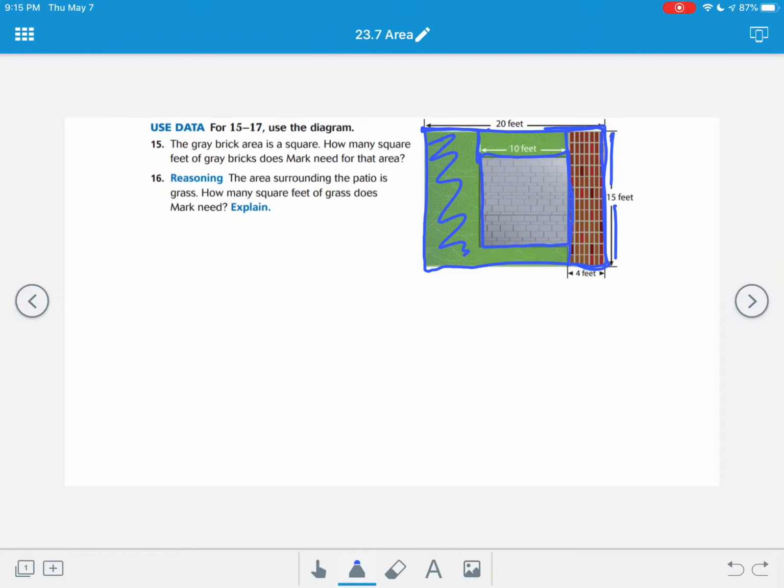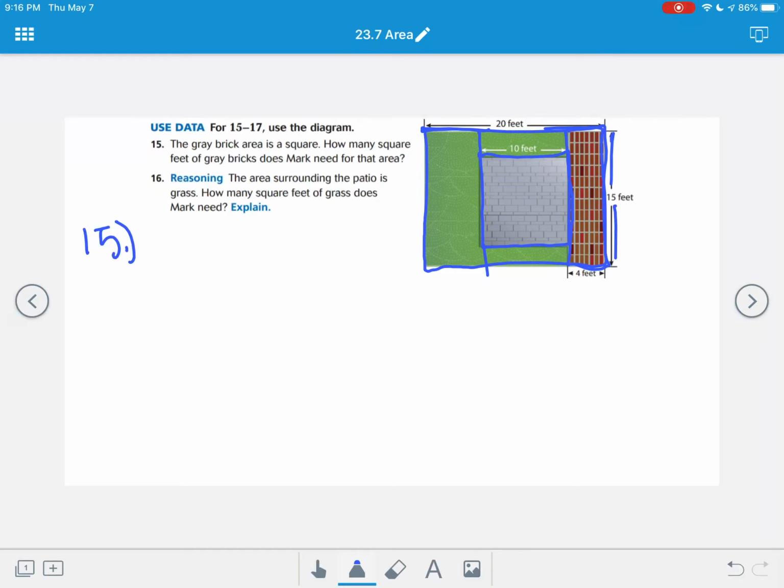So just be aware that this is going to complicate things a little bit for us as we try to figure out the area of these different materials. You will have a set of problems like this on your assignment, so get ready to think outside the box a little bit. Let's go to number 15.